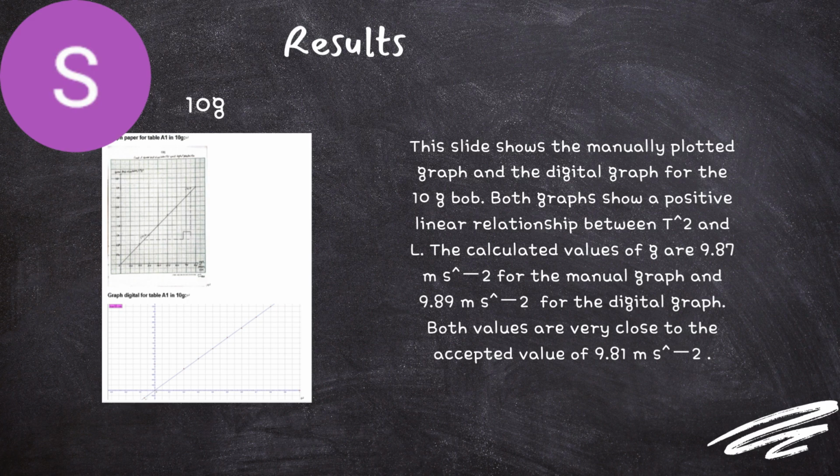Both graphs show a positive linear relationship between T squared and L. The calculated values of g are 9.87 m/s² for the manual graph and 9.89 m/s² for the digital graph. Both values are very close to the accepted value of 9.81 m/s².